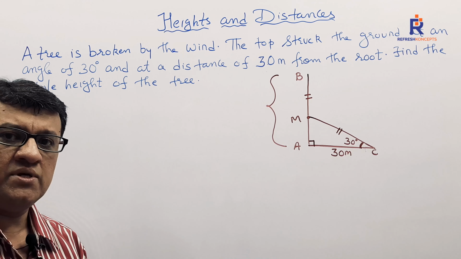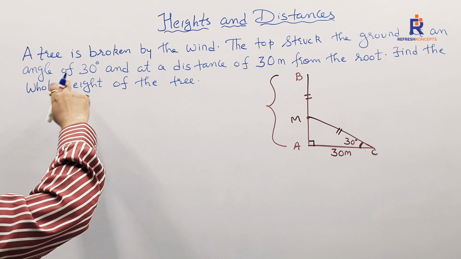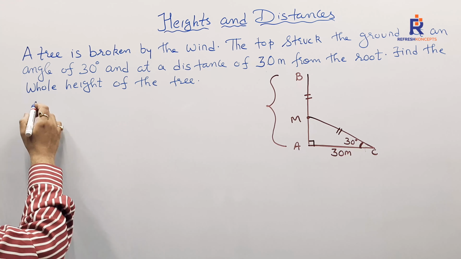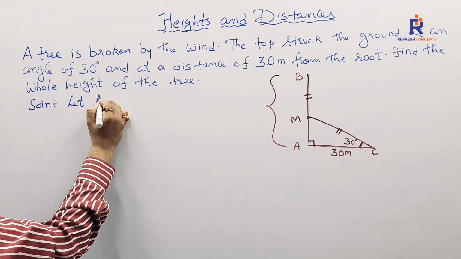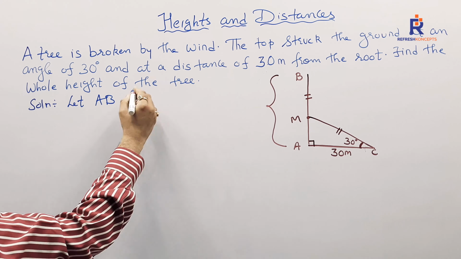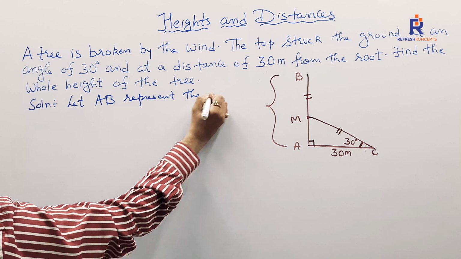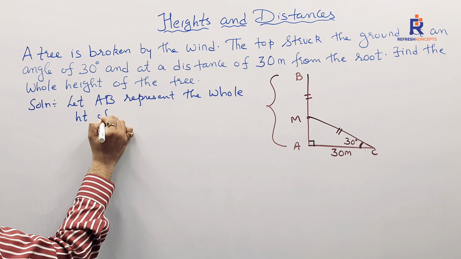So shall we start our sum? What is our sum trying to say? A tree is broken down. We have represented everything, so let's jot down our statement. Let AB represent the whole height of the tree.